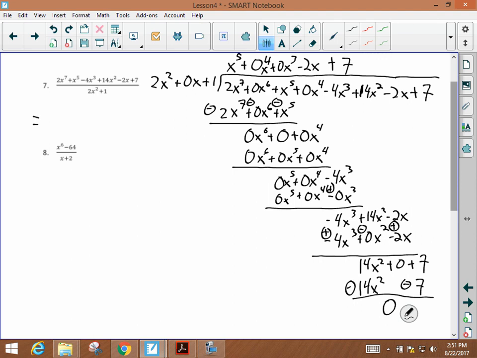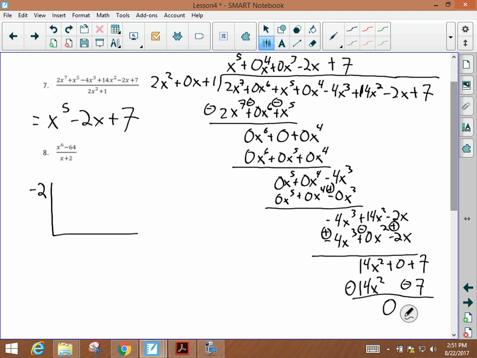So this is equivalent to x to the 5th minus 2x plus 7. One more to go. That's it. One more. We're going to use synthetic division, so it's going to go really fast. Remember, start with our L for synthetic division. In my denominator, I have x plus 2. So I'm going to use the opposite, or negative 2, over here. And I'm going to need a few placeholders for this, right?